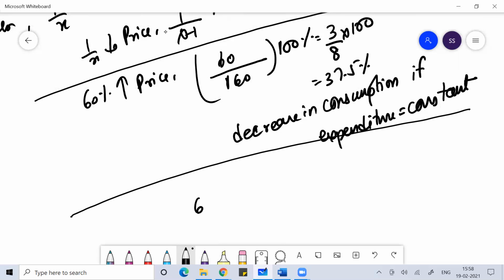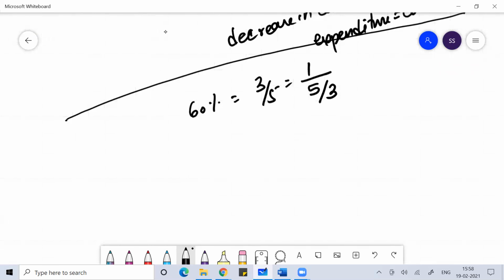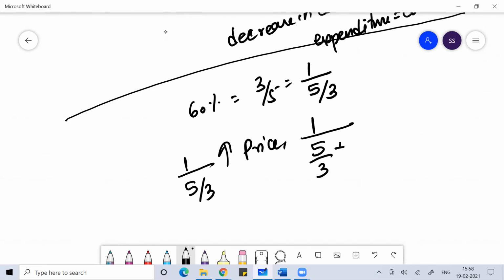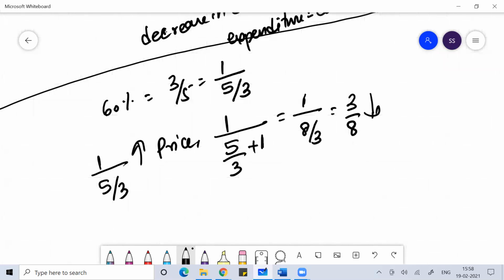Or you can say that 60% I can write as 3 by 5, and 3 by 5 I can write as 1 by 5 by 3. I hope you're understanding. So 1 by 5 by 3 increase in price will bring 1 by 5 by 3 plus 1, which means 1 by 8 by 3, or 3 by 8 decrease in consumption, keeping expenditure constant.